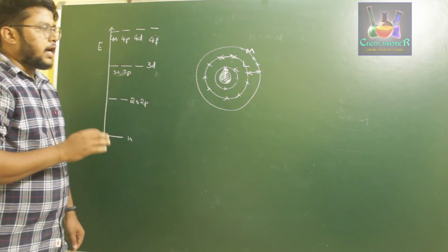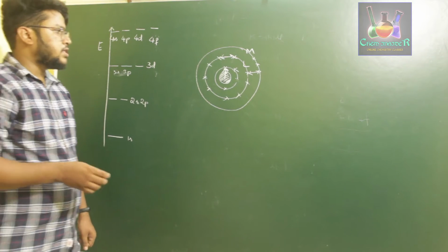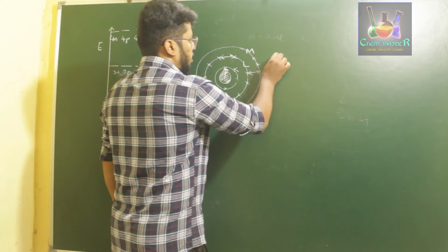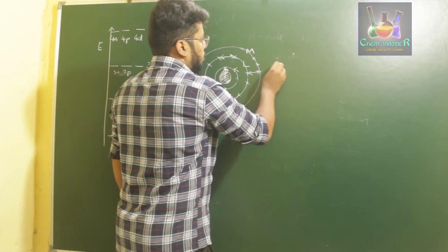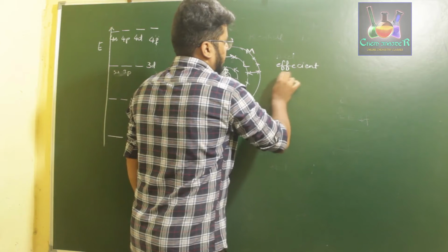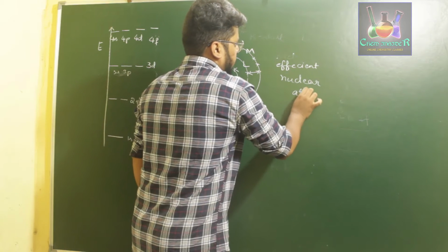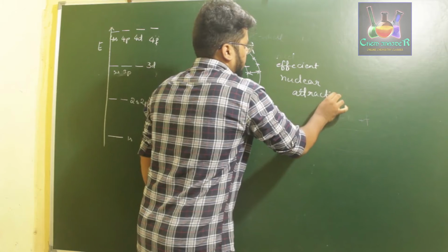So when you sum up all those repulsion and attraction forces, we get a greater value of nuclear attraction. That is efficient nuclear attraction, which is nothing but effective nuclear charge.